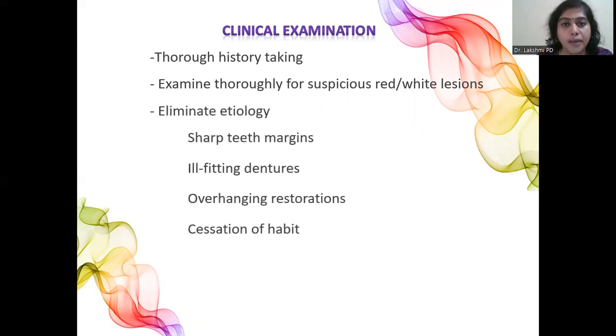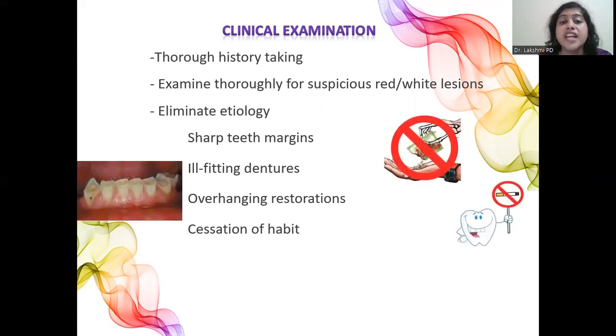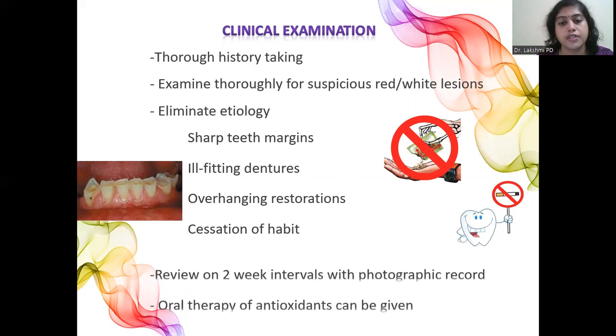And if you're not able to find any suspicious lesions, at least eliminate any etiology that you can find in the patient's mouth that could make the patient prone to developing oral cancer, such as sharp tooth margins, ill-fitting dentures, overhanging restorations. And in case the patient reports a deleterious habit in their personal history, kindly advise them, refer them, or do the necessary tobacco cessation.